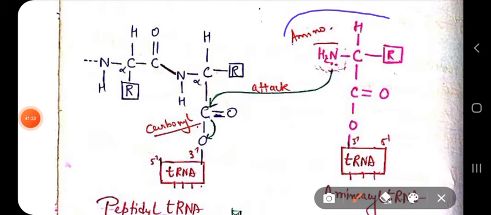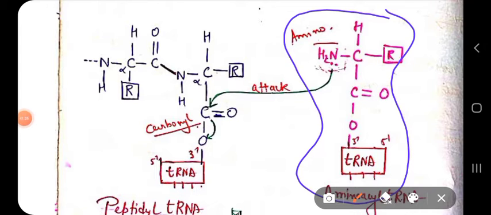This aminoacyl tRNA has been brought by the small ribosomal subunit and incorporated within the ribosome. Then proper codon-anticodon pairing occurs between the tRNA and the coding region of the mRNA. And then the ribosome positions these two tRNAs in very close proximity.